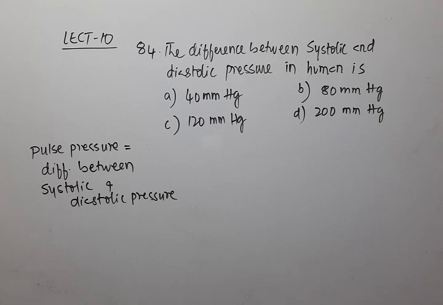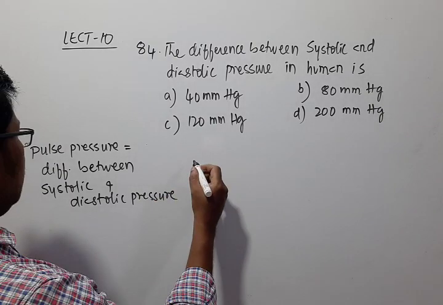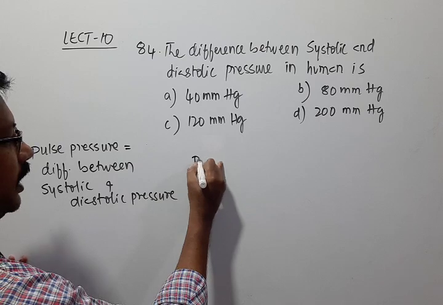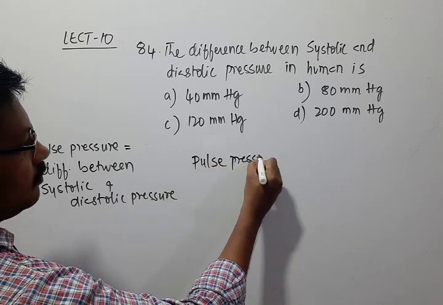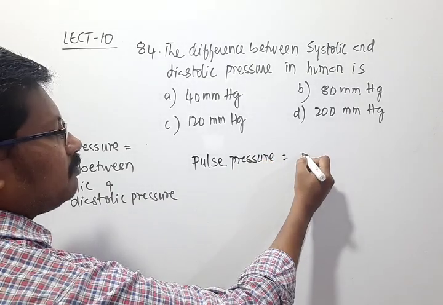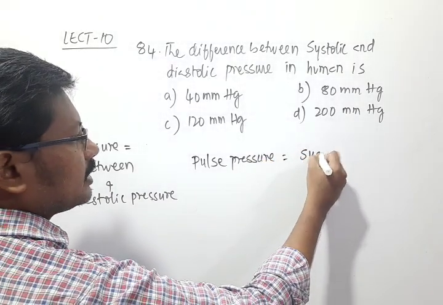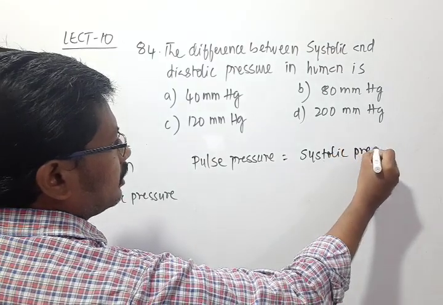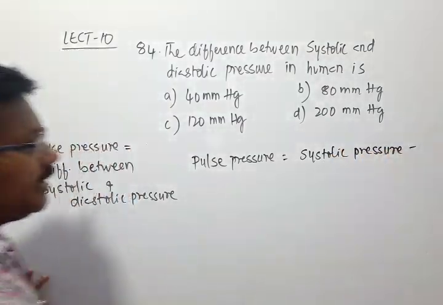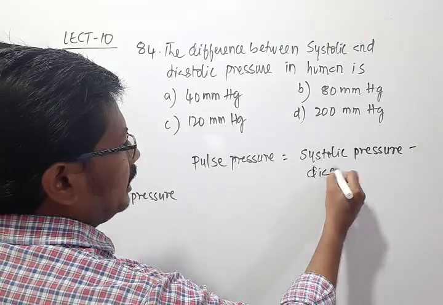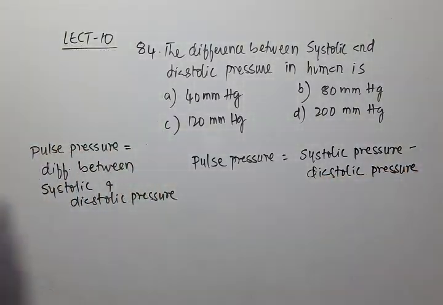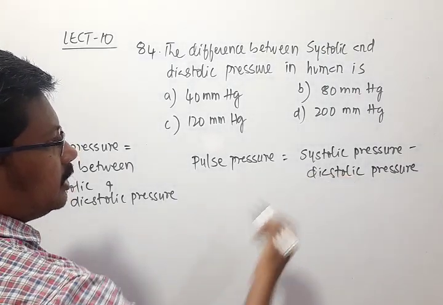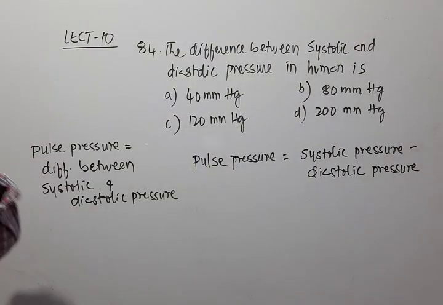And this pulse pressure is calculated by subtracting the diastolic pressure from the systolic pressure. So the pulse pressure is systolic pressure minus the diastolic pressure.